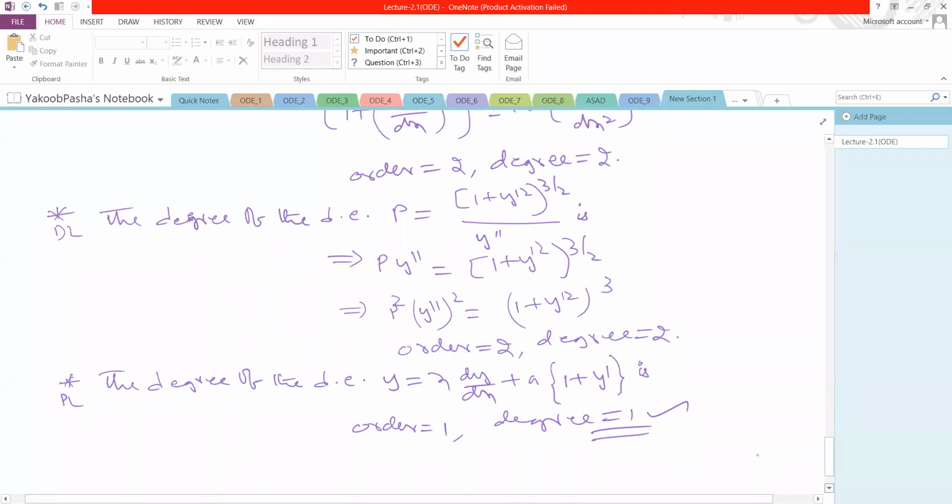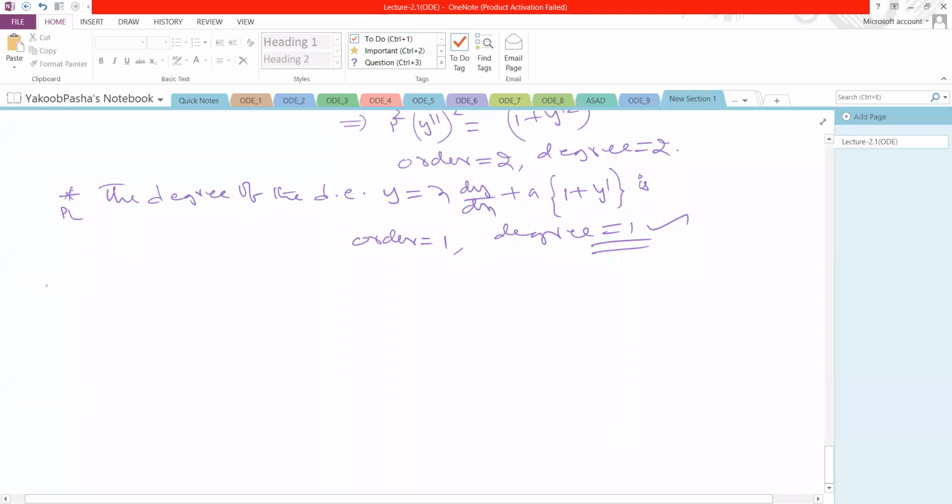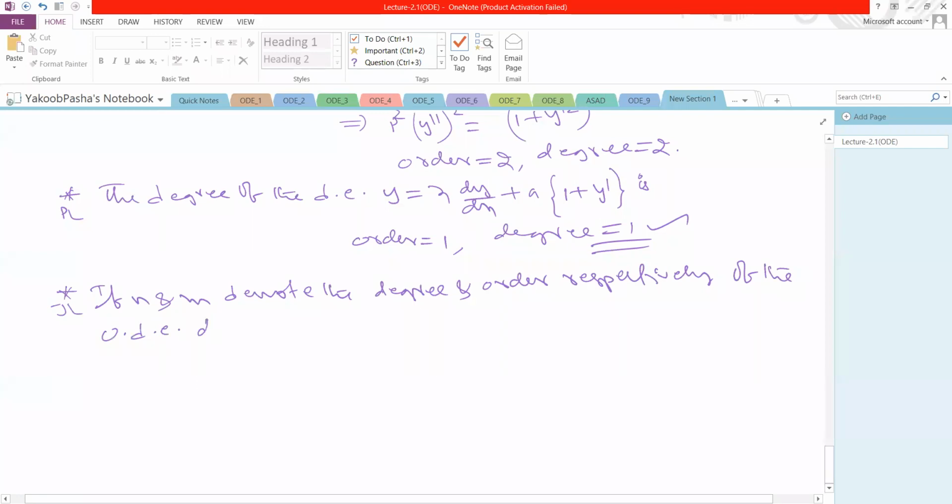And another question I am taking from JL. If n and m denote the degree and order respectively of the ordinary differential equation, the ODE d power 4y by dx power 4 plus d square y by dx square plus (dy by dx) whole power 5 is equal to e to the power of x, then the ordered pair n comma m is equal to?